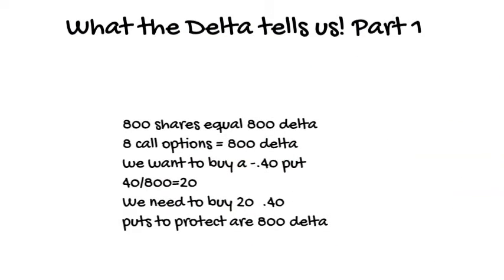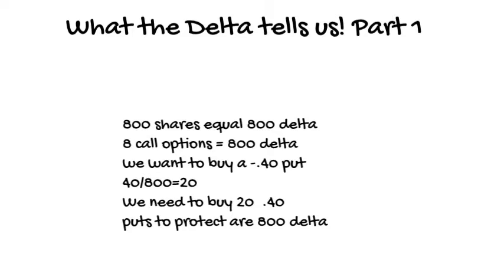And then lastly, delta's last definition is the hedge ratio. Remember, we talked about options being the perfect hedge. In any situation, we could sell a number of deltas through options to perfectly hedge the delta risk of our stock. A quick example of this would be if we were long 800 shares of stock, or 800 delta calls for options, for example.